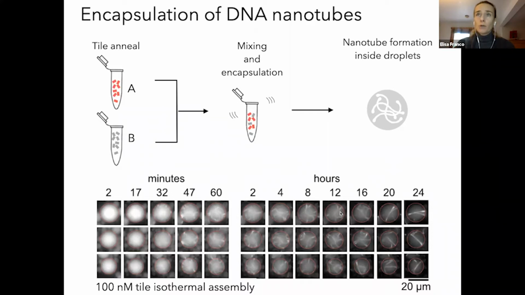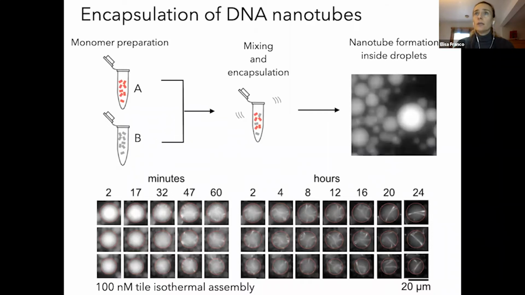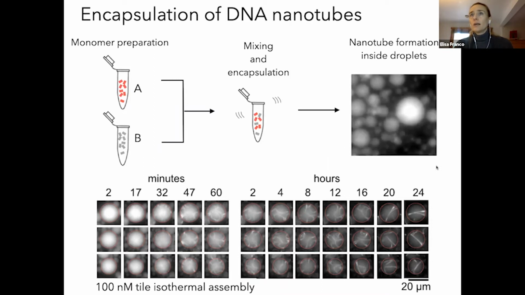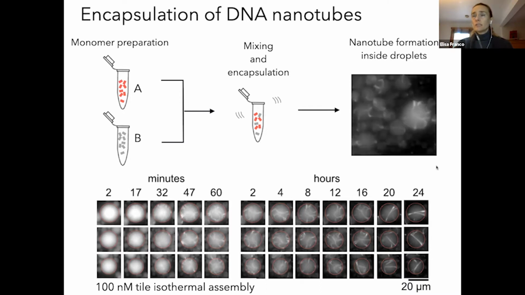I'm going to now show you a movie of that process here in the same slide. As you can see, over time they wiggle, they start condensing, they start assembling, and by the end of the experiment they really look like long, rigid sticks inside the droplet.